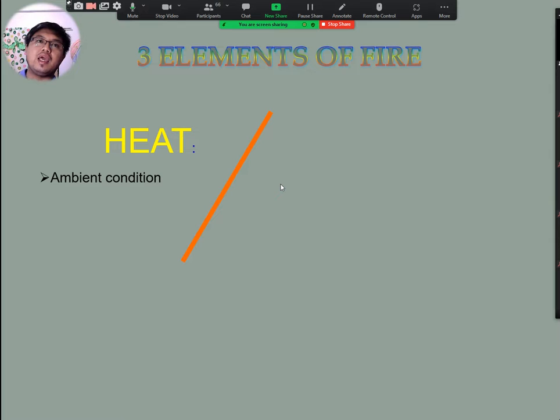Again, heat. You have here the existing fire, or ambient conditions, in cases of high temperatures. If there is already a fire, or there was a fire before, the fire or the heat will transfer there.